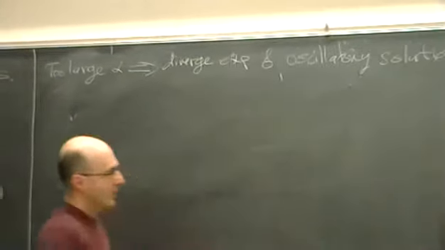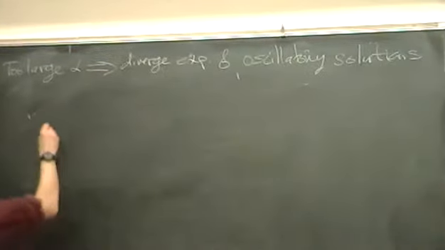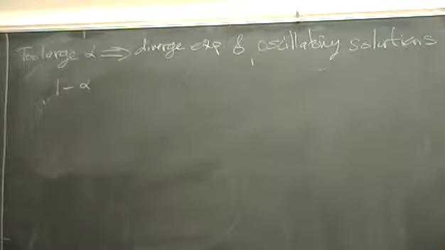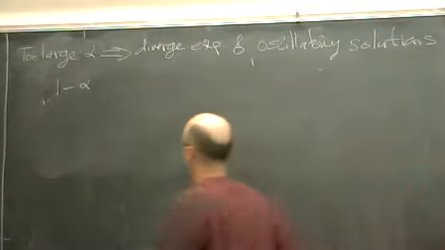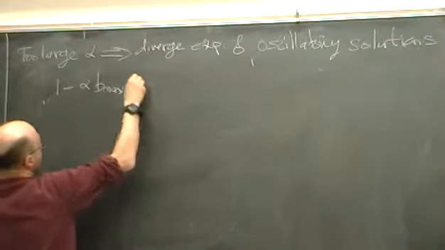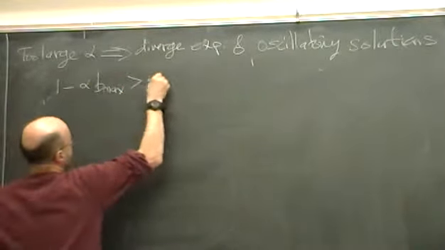And this, of course, begs the question, well, what's the limit? The limit is that 1 minus alpha times b, and, of course, it's the biggest b that you're worried about, because the biggest b is going to be the first one where alpha is going to push you past minus 1. So 1 minus alpha times b max had better be greater than minus 1.